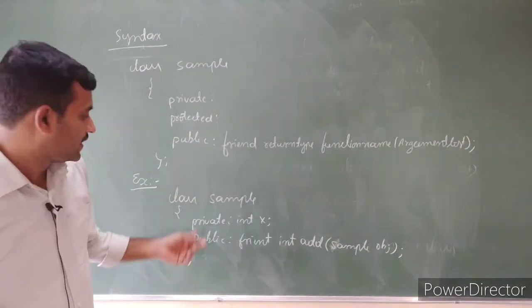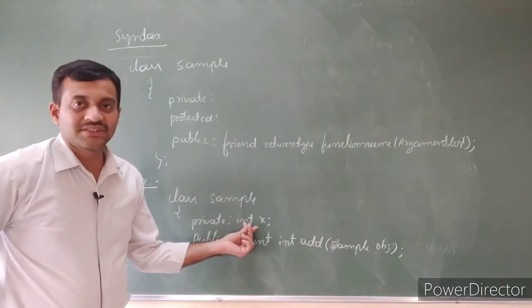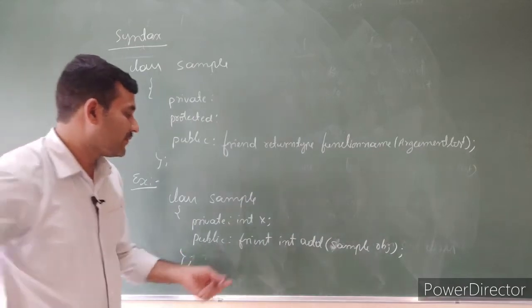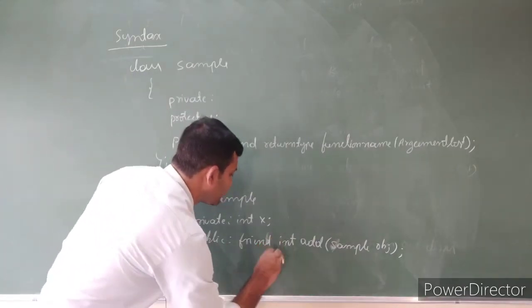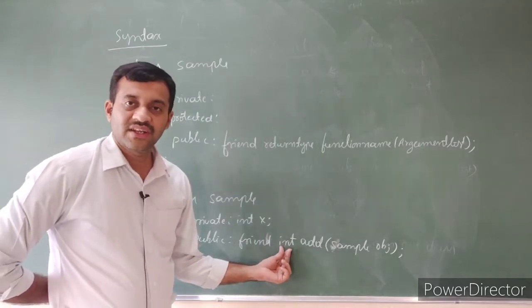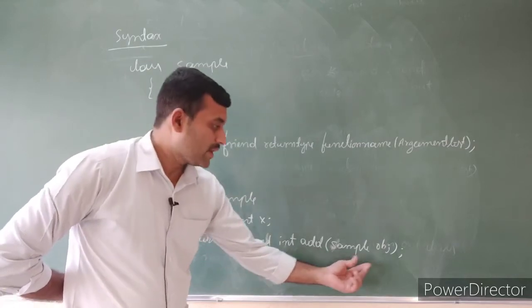The class name is sample, and private integer x is a data member. Then there is a friend function. How do we know it is a friend function? It begins with the keyword friend. Then the return type specifier is integer, the function name is add, then sample obj.